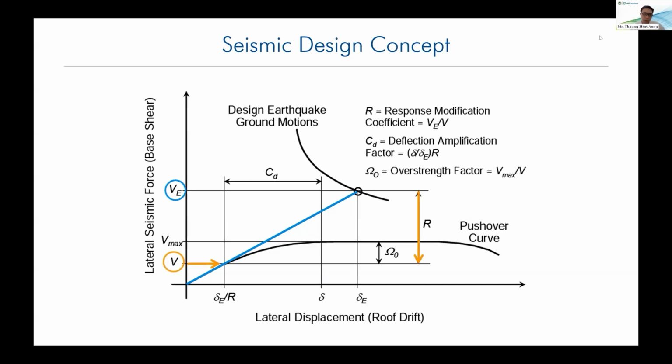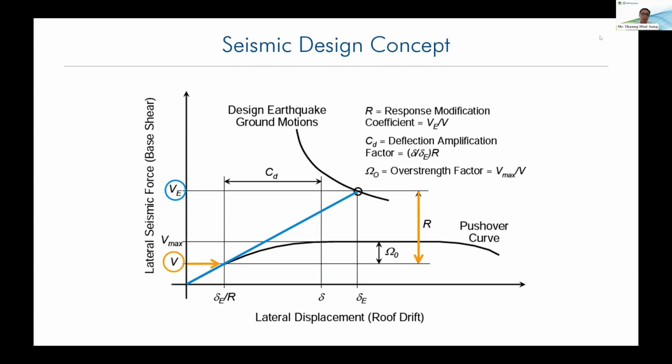But we do not design those buildings for the elastic base shear VE. We reduce the base shear by the R factor, the response modification coefficient mentioned in the code depending upon the type of structural system we use. Then we design for the base shear V.